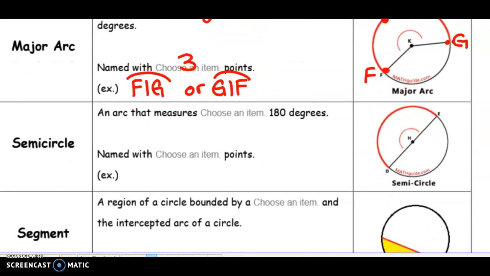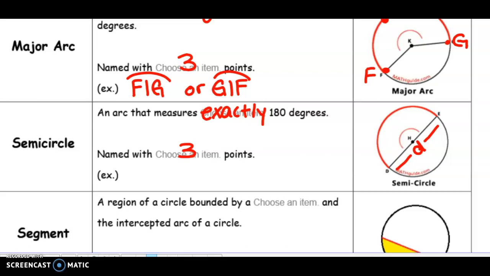A semicircle measures exactly 180 degrees. It is also named with 3 points. Now notice that in the example to the right, you have your diameter. Your diameter splits the circle in half. Half a circle is 180 degrees.